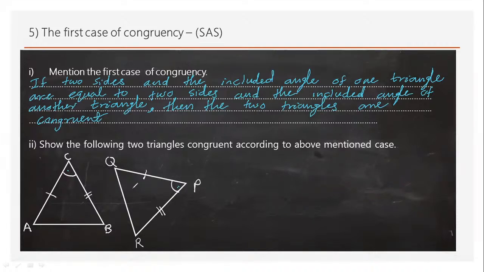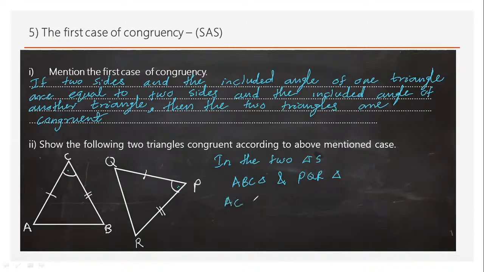Now look at these two triangles. In the two triangles ABC and PQR, what can you say?